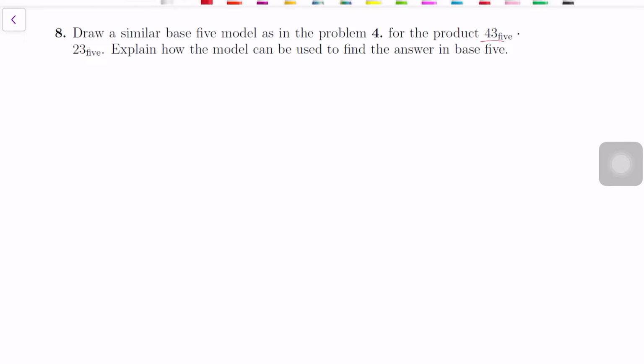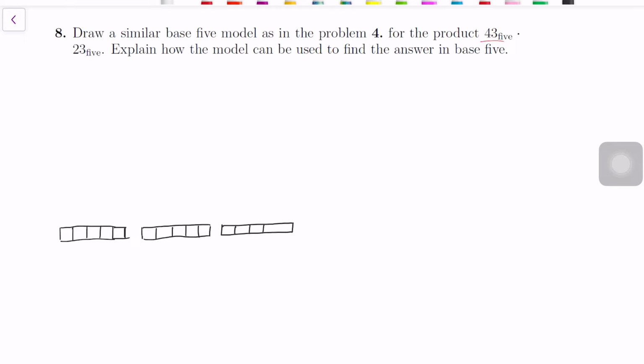So remember, first we're going to draw 43, so that's the same we did when we worked in base 5, except that now our longs consist of 5 units, right? So 40 will mean 4 longs, and again the difference is that now each long has 5 units, so 1, 2, 3, 4, 5, and so on.